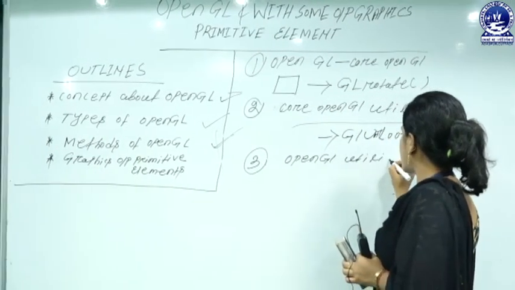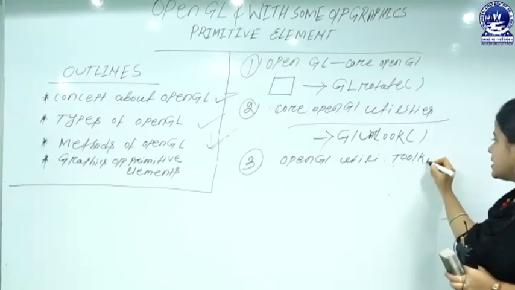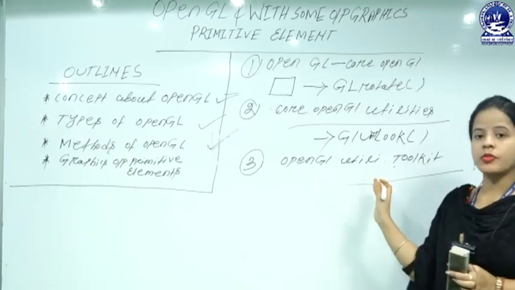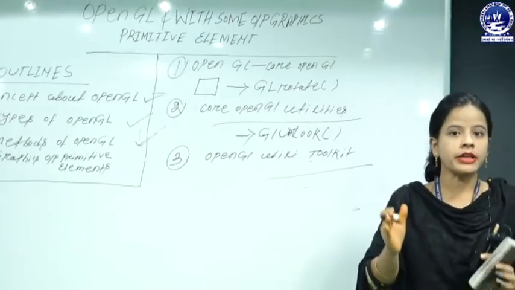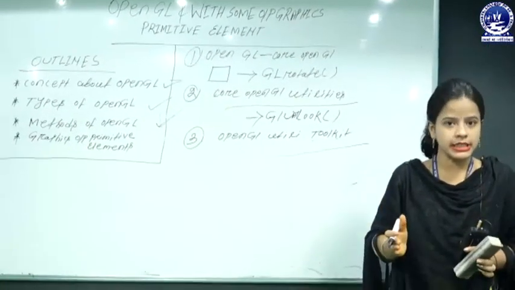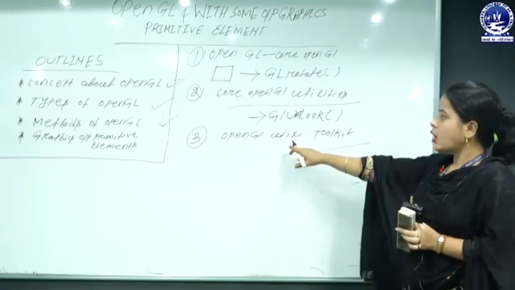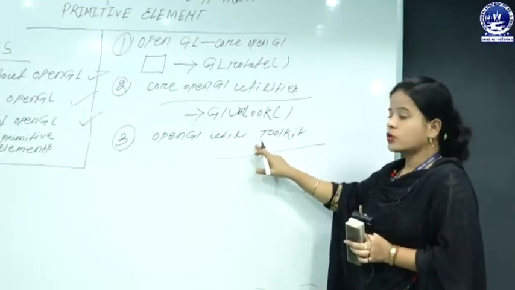Okay, now goes to the next functions, that's your OpenGL Utilities Toolkit. That means this type of function is used whenever we need to create any types of independent windows or work on an independent operating system or platform. In this case we have to use the OpenGL Utilities Toolkit.